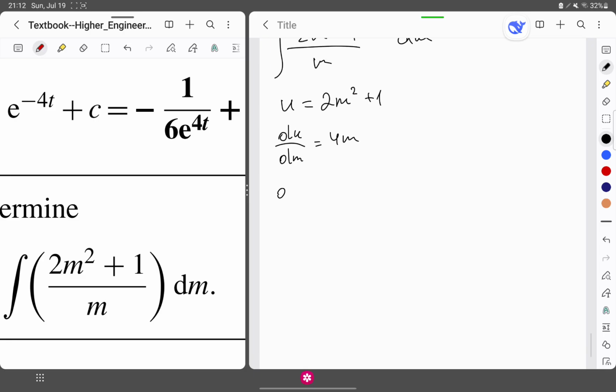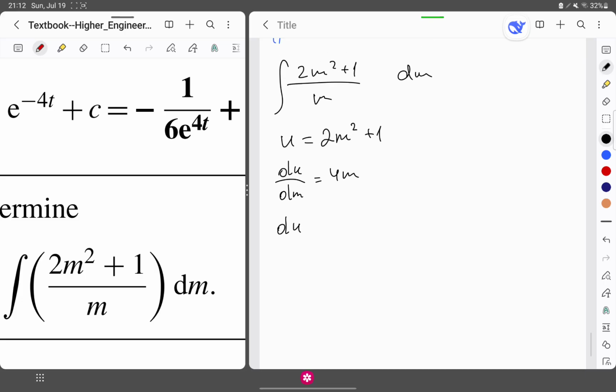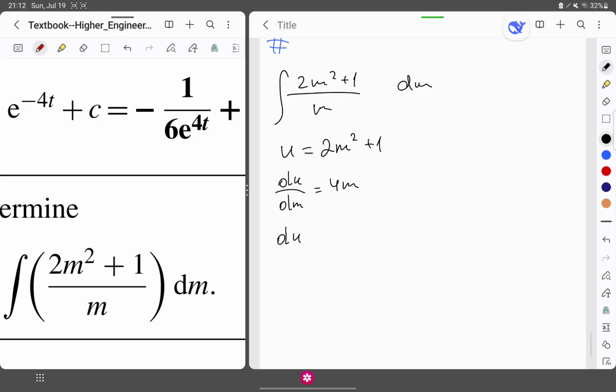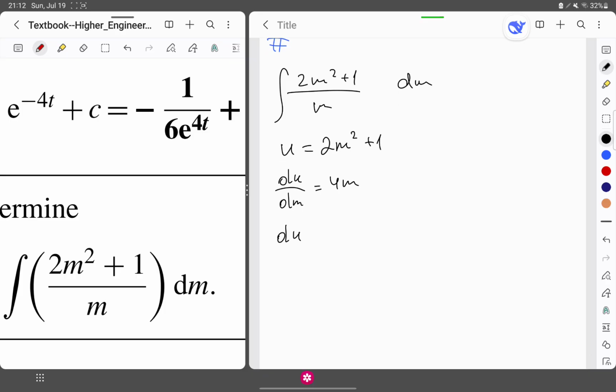What about du? Not du actually here, that will be dm. 4m dm will be what? But that's the rule.